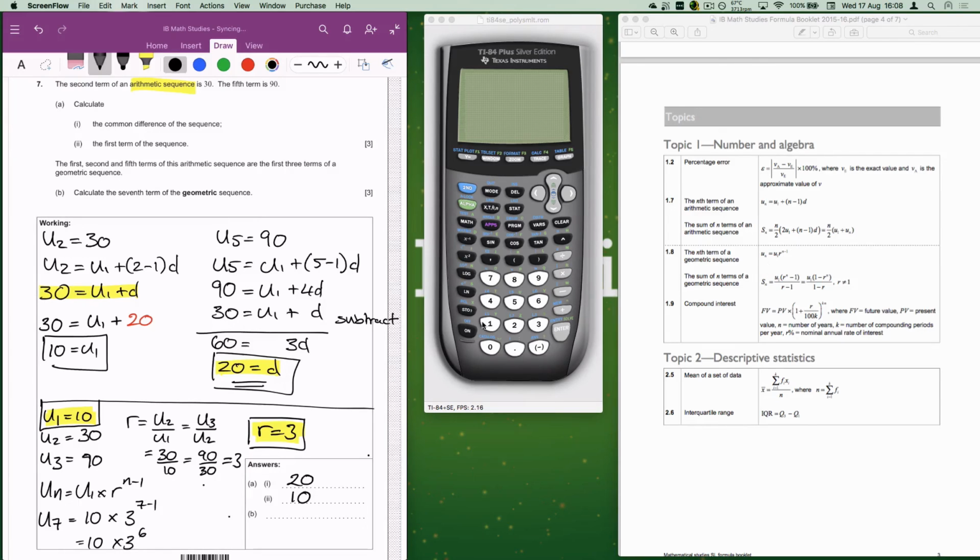So we go to our calculator. 10 times 3 to the 6. And that gives us an answer of 7,290. Okay, and that is question 7.